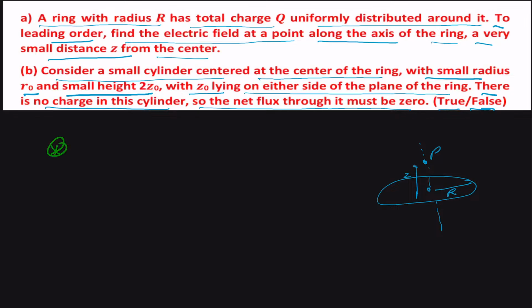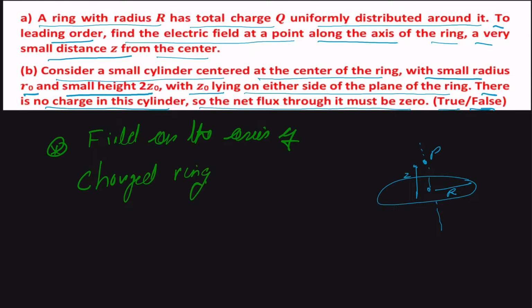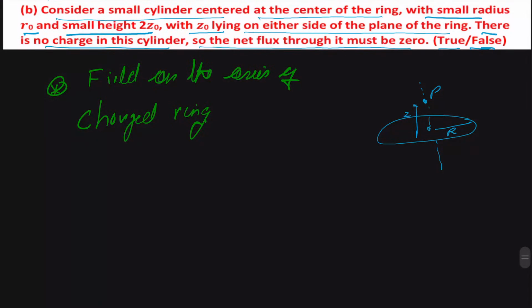We can say the electric field on the axis of the charged ring, let us call this our z direction, at point z.